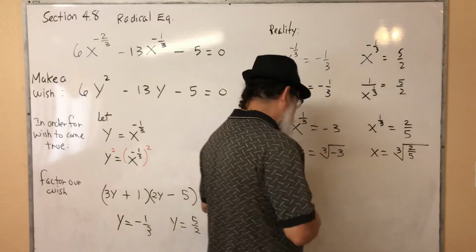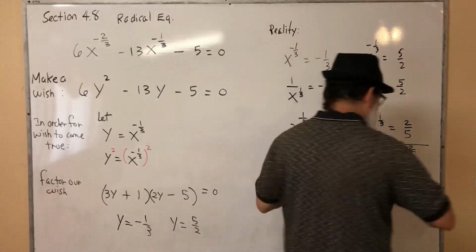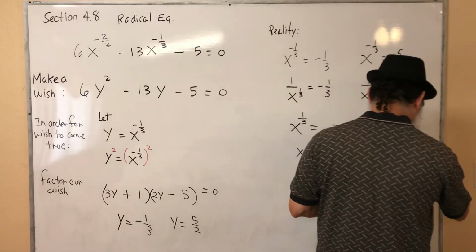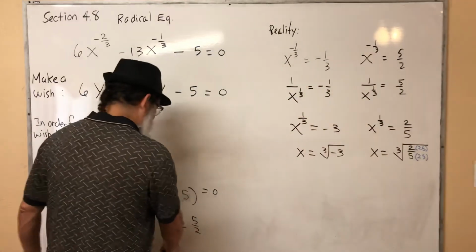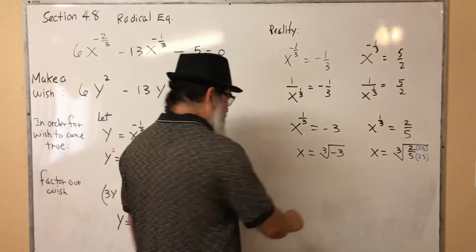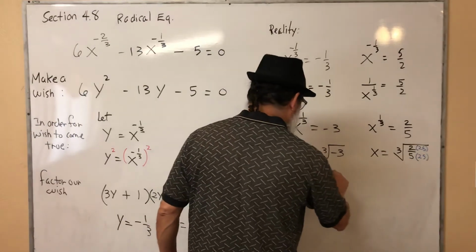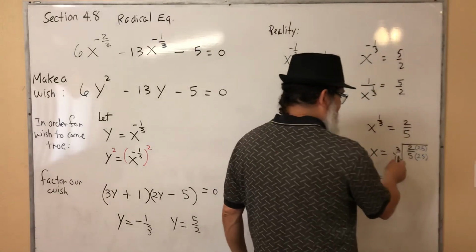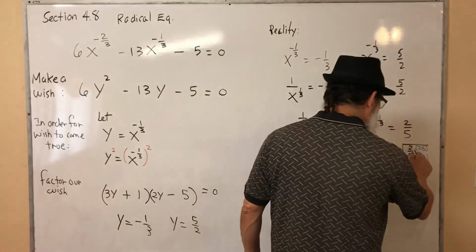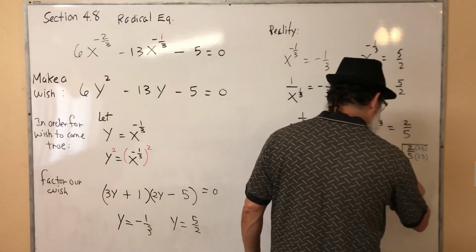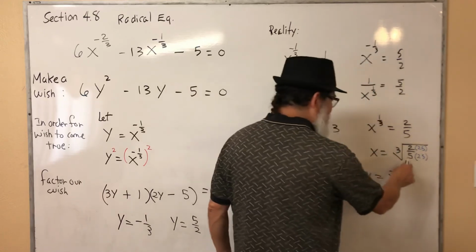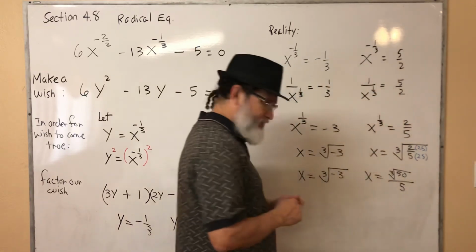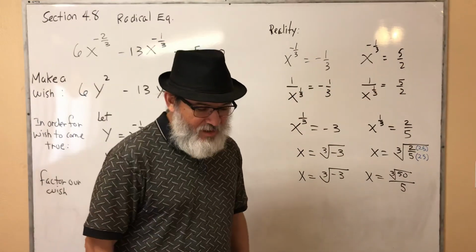If you want, you can multiply this by 25 and this by 25 because I want to rationalize the denominator, and so we get x equals the cube root of negative 3, and here x equals the cube root of 2 times 25 is 50, and 5 times 25 is 125.